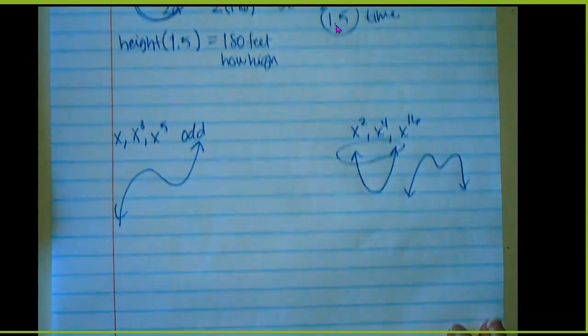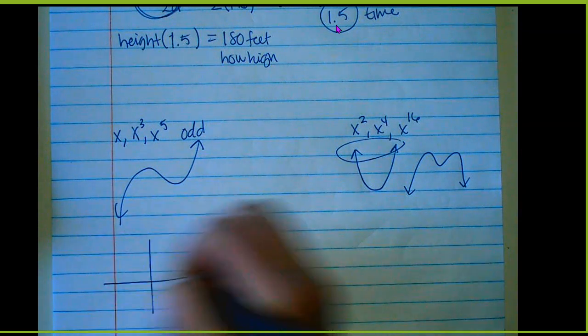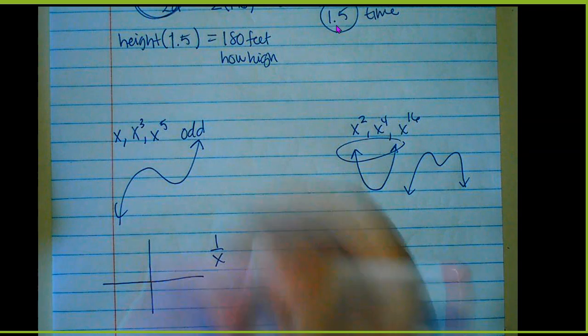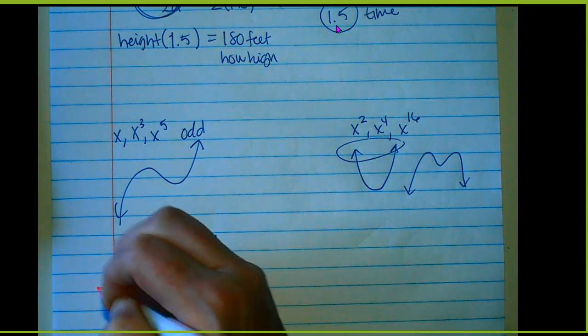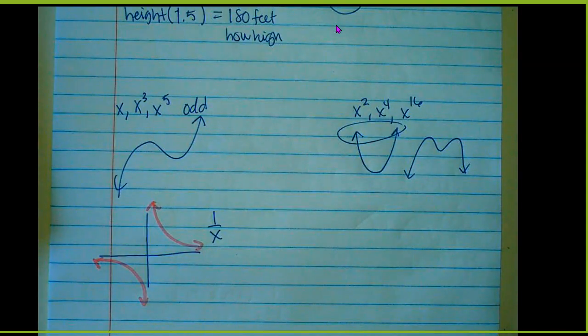We also looked at some parent functions that had fractions. So 1 over x looks like this. And I printed a sheet, right? Didn't y'all get a sheet in class that had all these different parent functions on there? Yes?